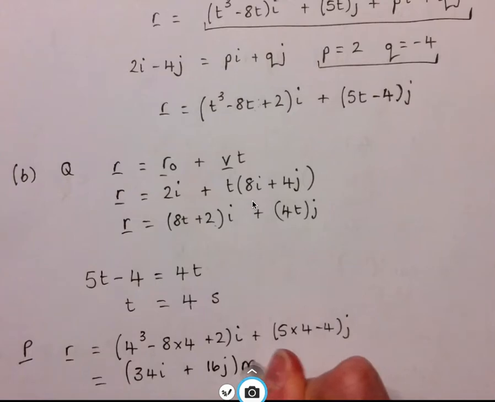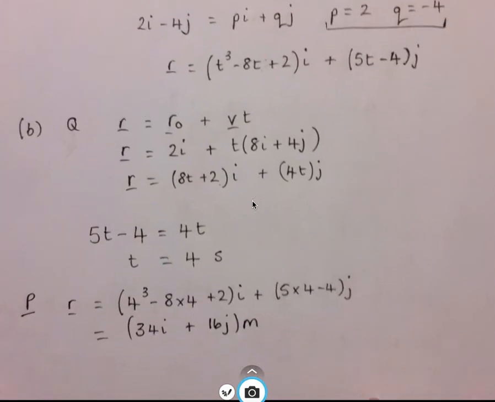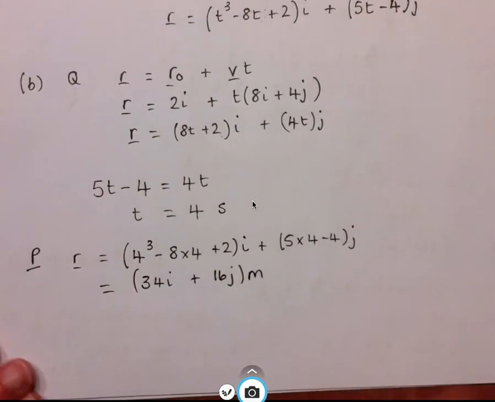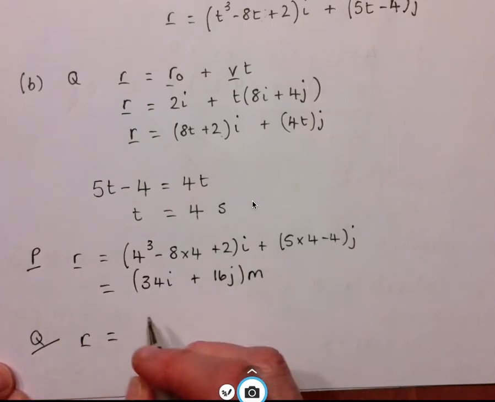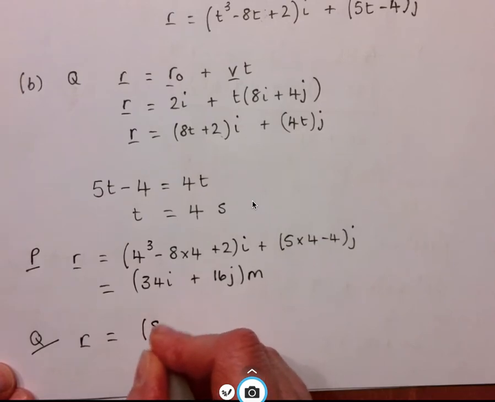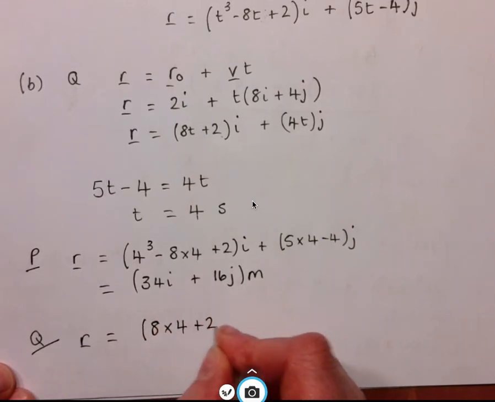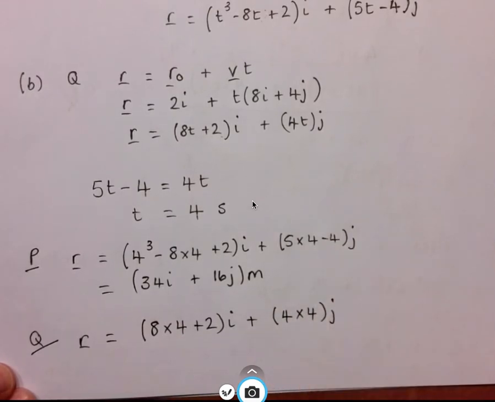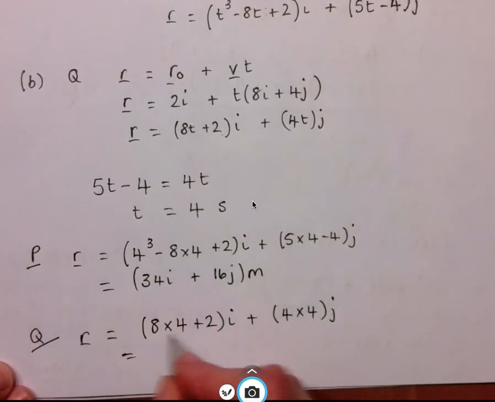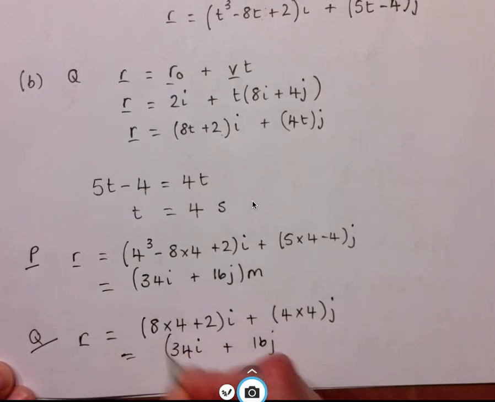So at t equals 4, that's where P is, 34i plus 16j. For Q, we now do the same thing. For Q, R will be at 8 times 4 plus 2 i plus 4 times 4 j. And if we look, 32 plus 2, we get 34i plus 16j.